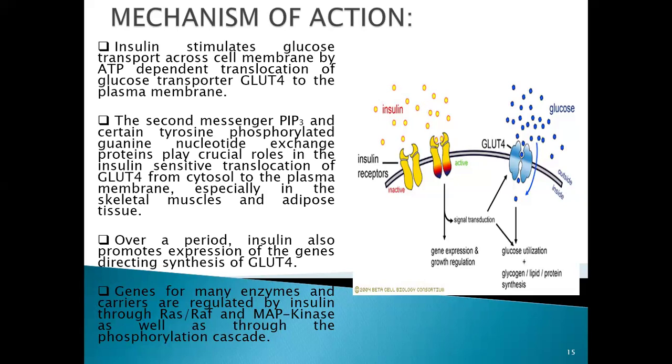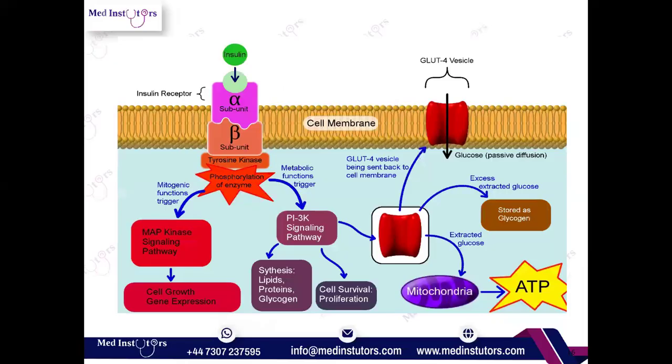Genes for many enzymes and carriers are regulated by insulin through the RAS-RAF and MAP kinase, as well as through the phosphorylation cascade. So let us see a figure here.